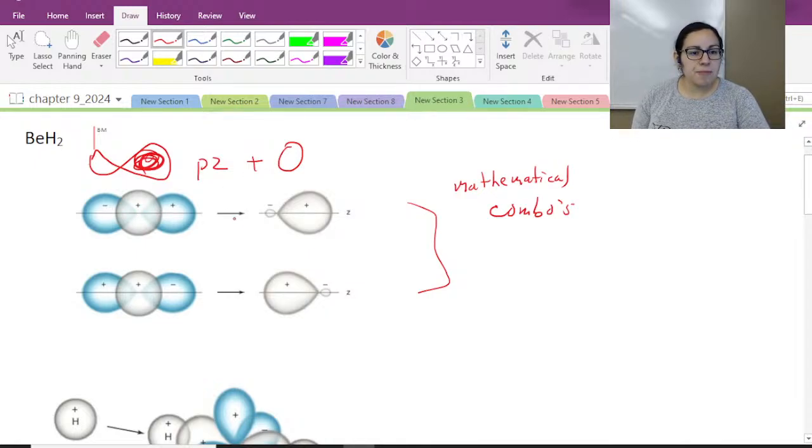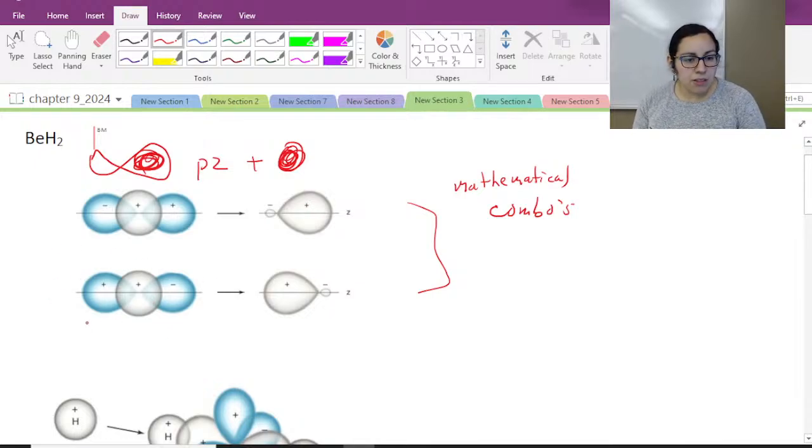Let me fix the shading so I'm the same. So positive is shaded with how I'm going with this convention. Again, doesn't matter. But what we're saying is this ball kind of cancels out this one and makes a small lobe here. So this is like half of your sp orbital.